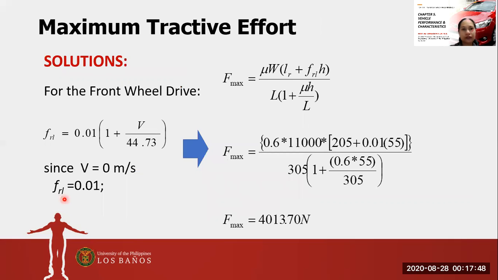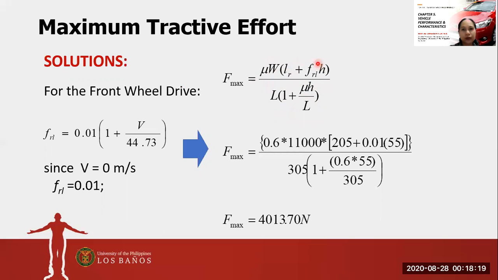Now, to solve this problem, first we solve for the front wheel drive using this equation which we had in the previous slide. First let's solve for f here. We have LR, which we can calculate as wheelbase L minus LF. We have mu, we have W, we have L, and we have this information.